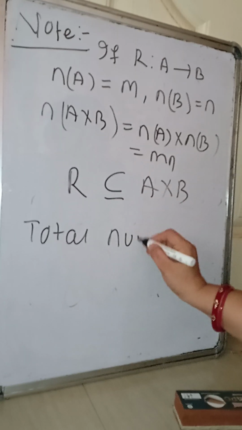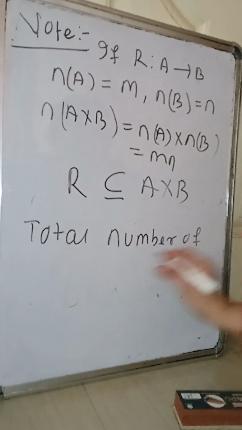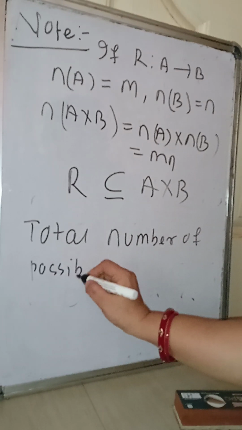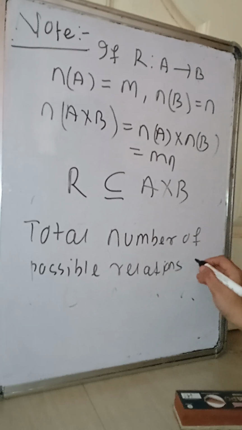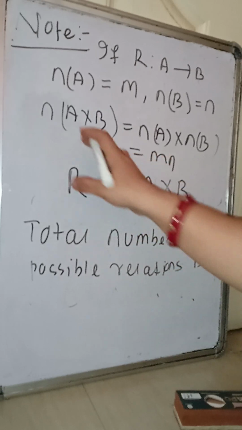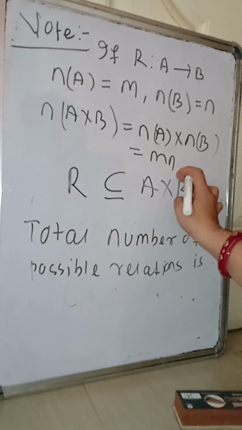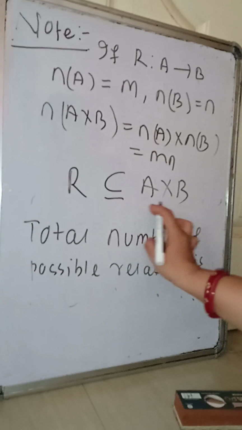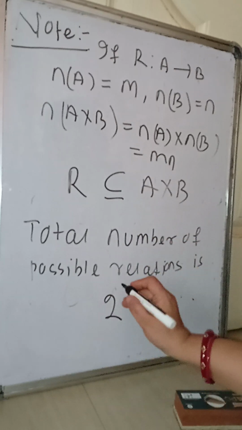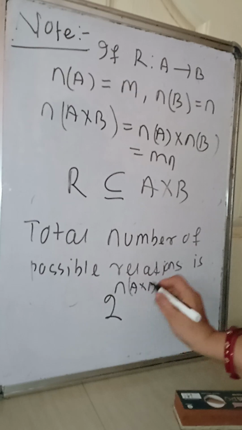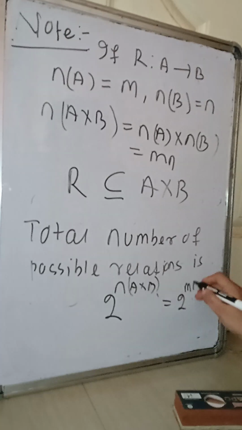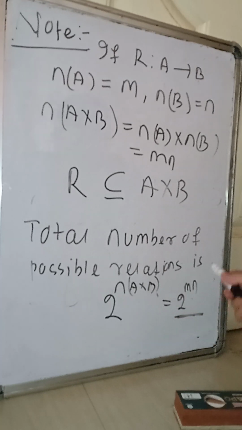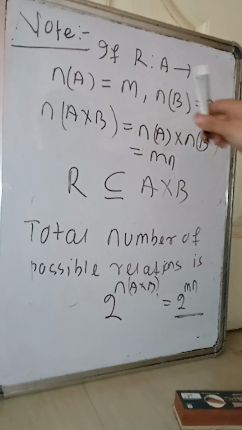So the total number of possible relations is equal to, since the number of elements of this Cartesian product is MN, the number of subsets is 2 to the power of the number of elements of the Cartesian product A × B, that is 2 to the power MN. So 2 to the power MN is the number of relations you will get from set A to set B. This is your remark, you remember.